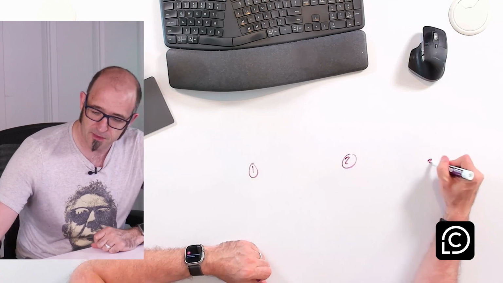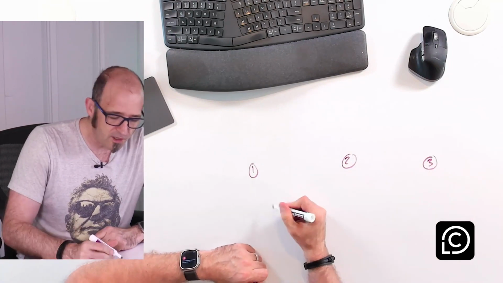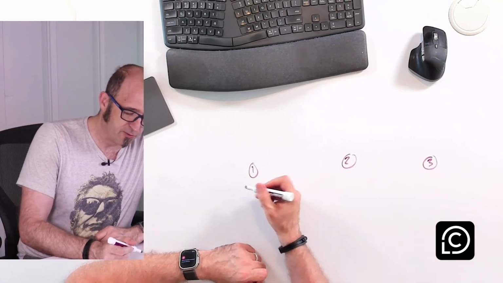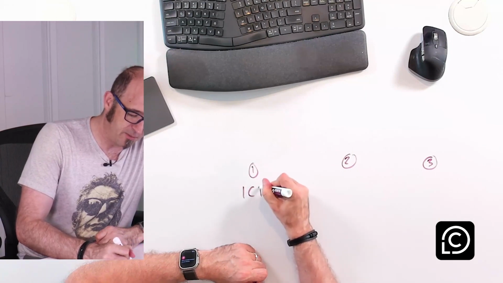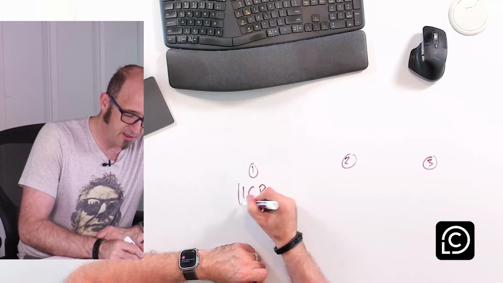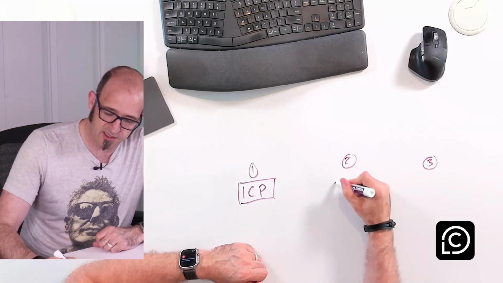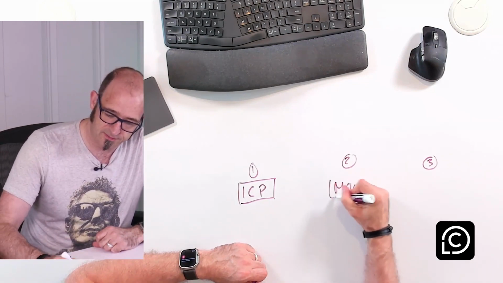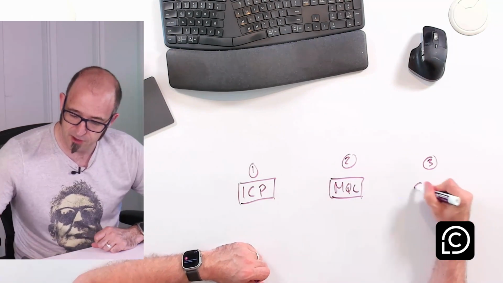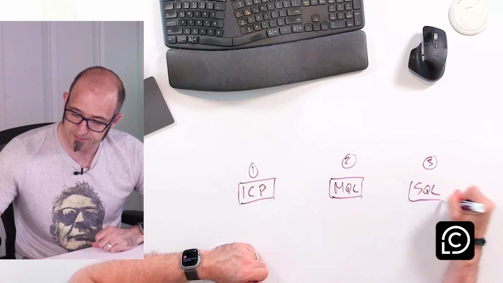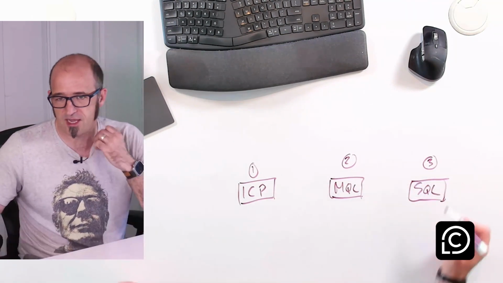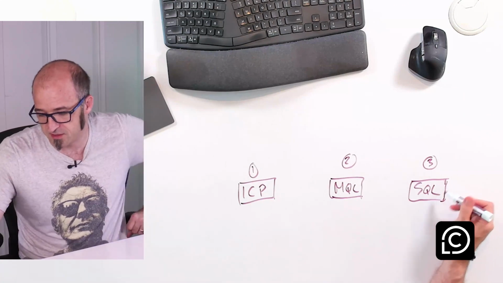1, 2, and 3. The first one is we've got to get really clear on who your ICP is. Like, who is your ideal customer profile, which we'll get to in a moment. The second is going to be a marketing qualified lead. And then the third one is going to be a sales qualified lead. Okay, now this is how it typically works with most businesses that I've worked with.